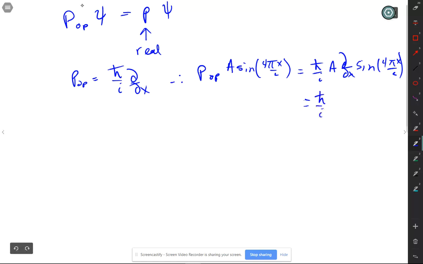So h bar over i A, and then the derivative of the inside is 4 pi over L, cosine of 4 pi x over L.